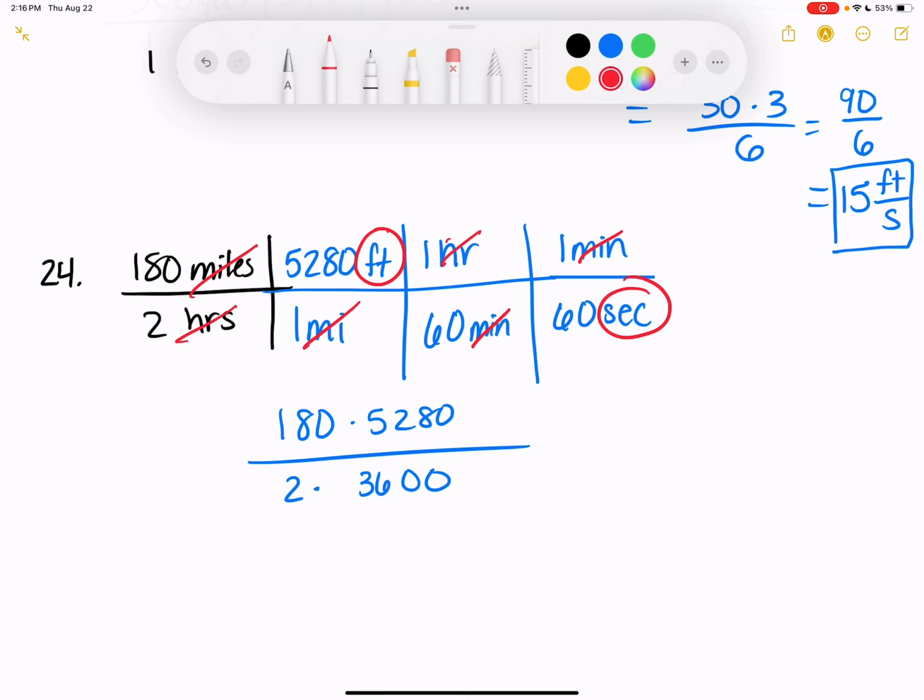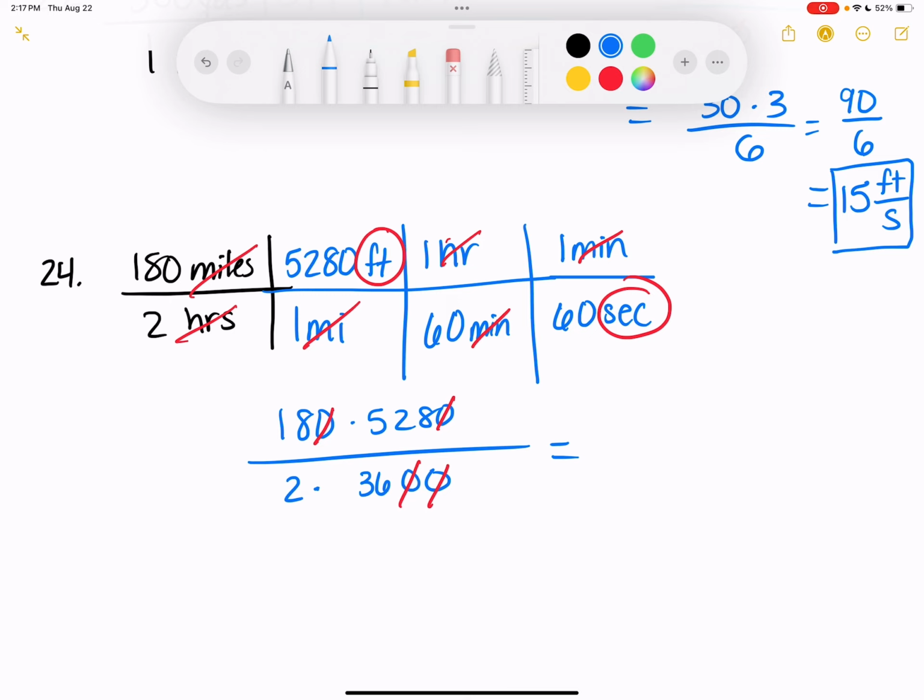I have 2 of them on the bottom, so I can cross out both of them on top and get rid of that to make it a little bit easier. And then you can either multiply across, or if you see what you can cancel it. Okay, so I'm going to rewrite this in a slightly different order so you can see what I'm seeing, but if you just need to multiply across and then divide, that's fine too.